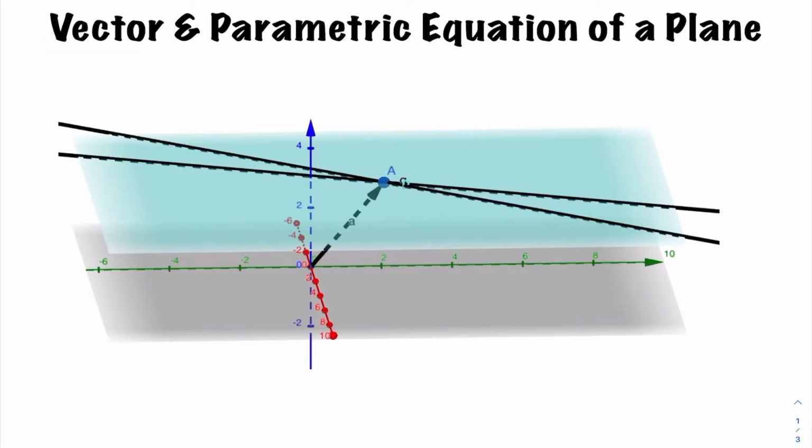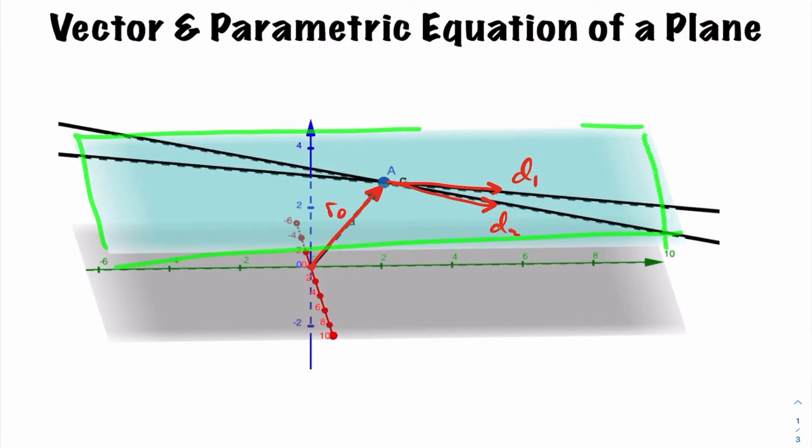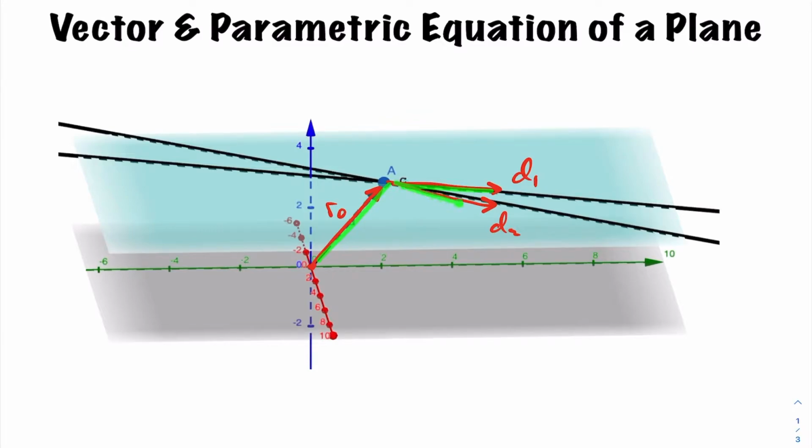Since a plane consists of a point and two direction vectors, let's create an equation to describe it. We'll label our first direction vector D1, our second direction vector D2, and we'll label our vector that goes from the origin to our point A as R0. Now, this plane consists of all vectors R0 plus linear combinations of vectors D1 and D2.